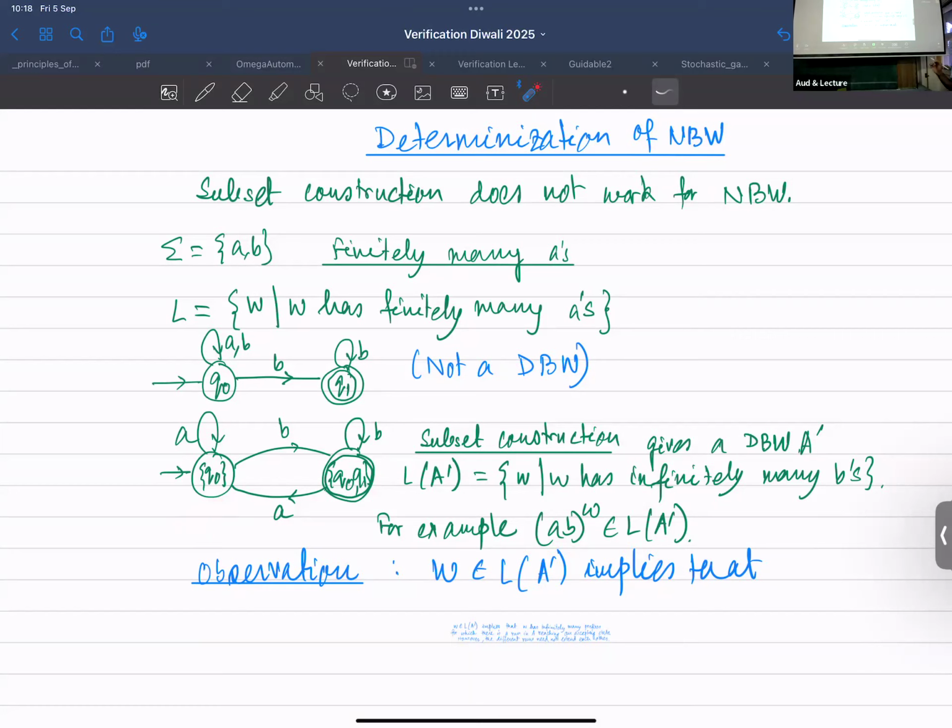Now, a key observation which will be useful later. Suppose there is a word w which belongs to the language of A prime, the automaton that the subset construction gives us. When does this automaton accept a word?